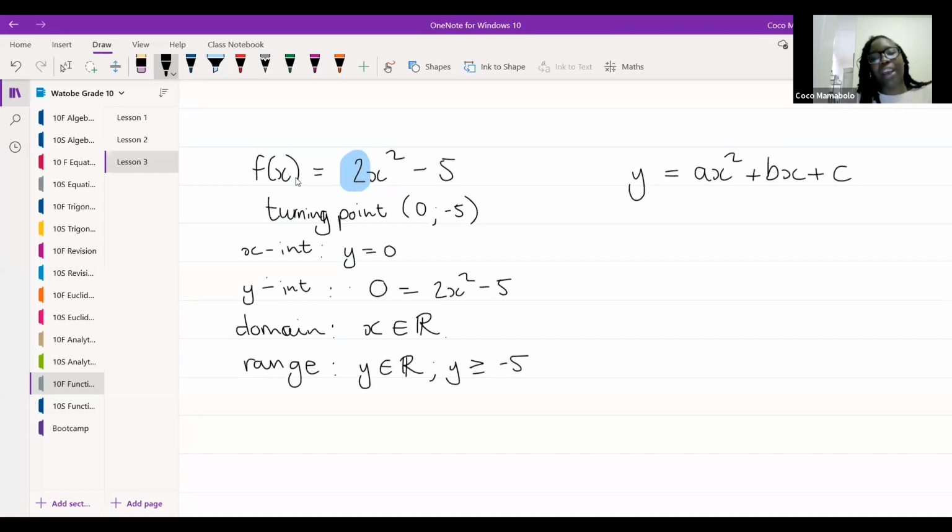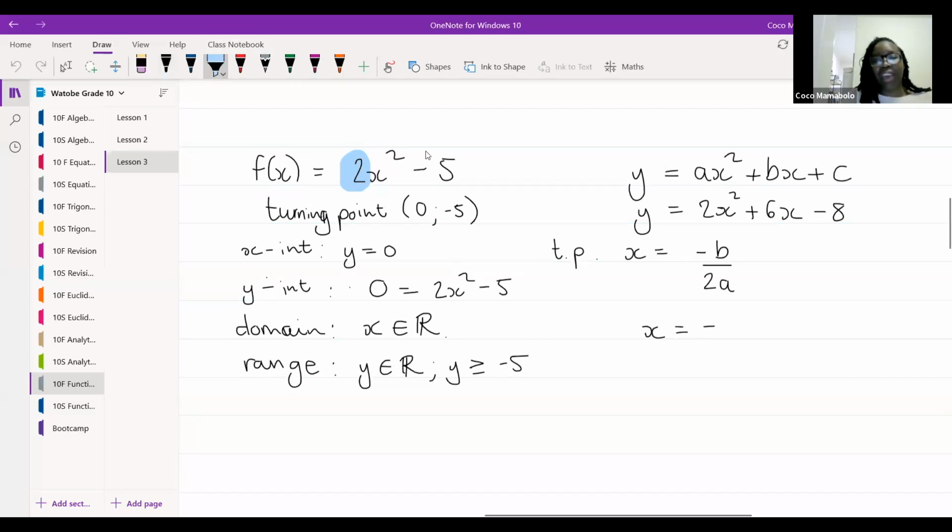If we want to find the turning point, we find the x value using these numbers: x is equal to -b over 2a. If my graph reads y is equal to 2x squared plus 6x minus 8, to find the x coordinate of my turning point, x is equal to minus b, and my b value is 6.